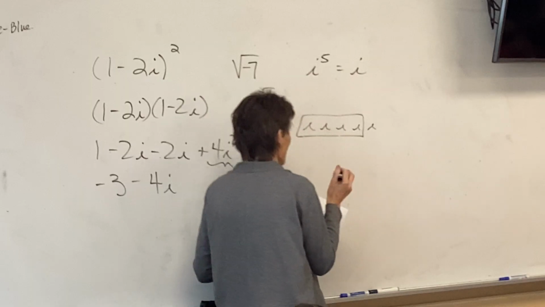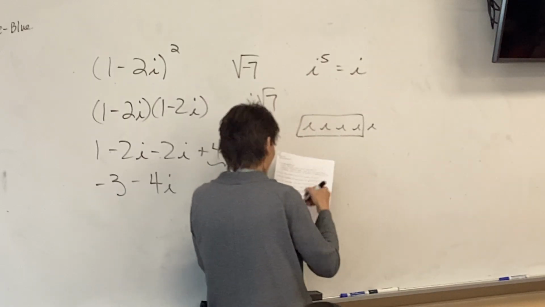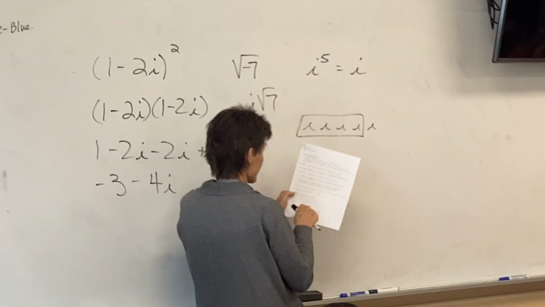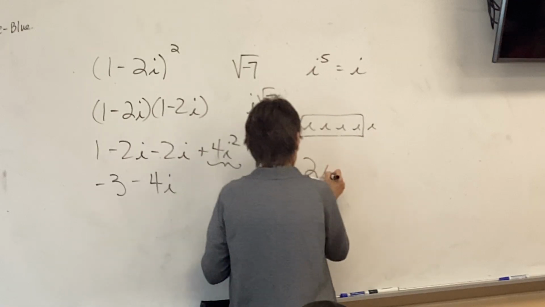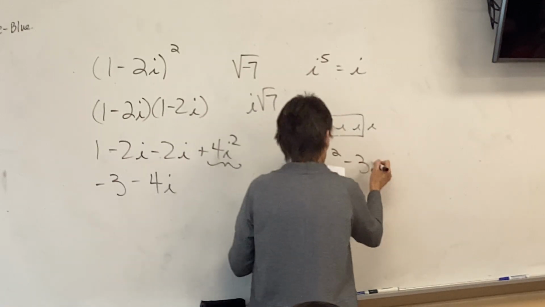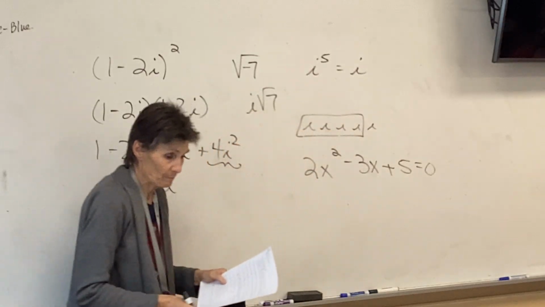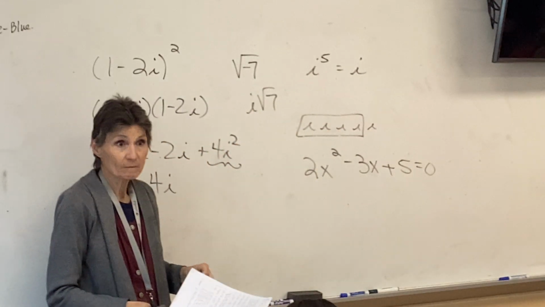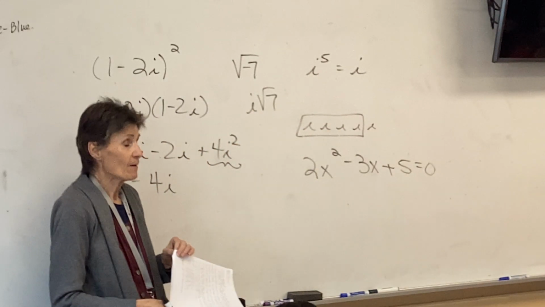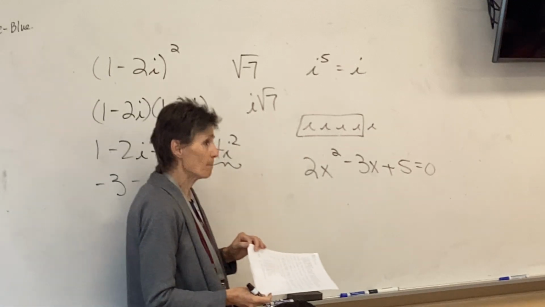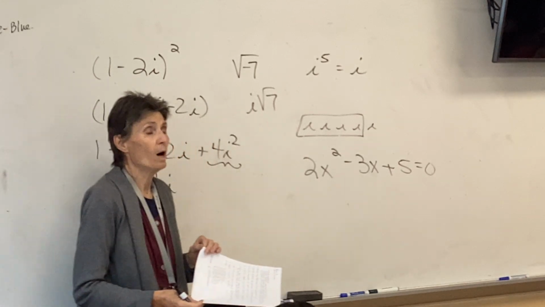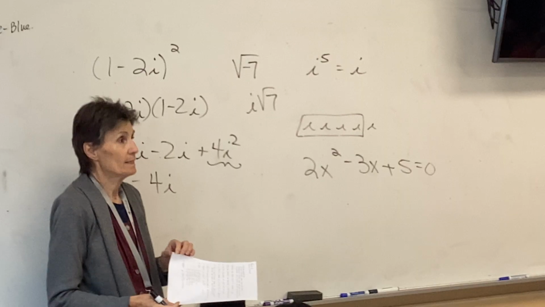Now we've got some actual problems. Looks like there's 6 up here. How about this first one? What do you think about that one? Factor? I think factoring is a great option, but it doesn't factor.